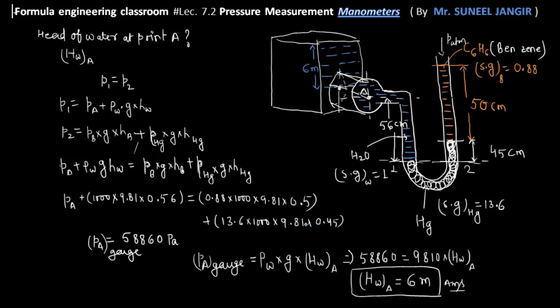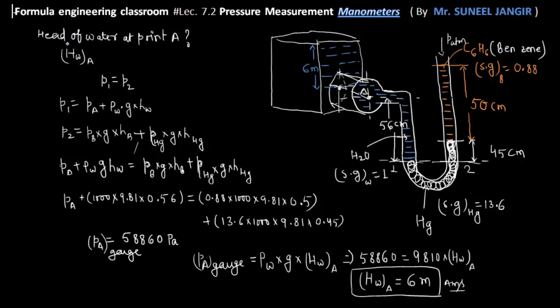So we are saying the head of water at the point A is 6 meter. It is not necessary that there is a tank here; due to some other reasons, the pressure at this point may be 6 meter of water. It simply means the height of that fluid that is required to create the gauge pressure at that particular point.